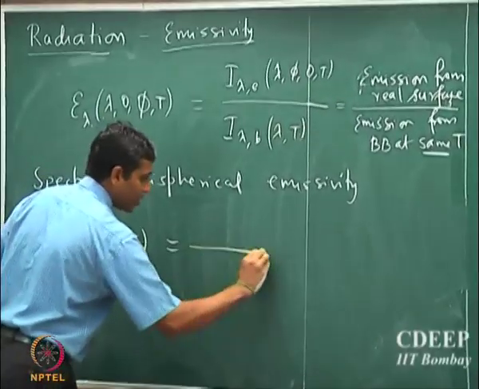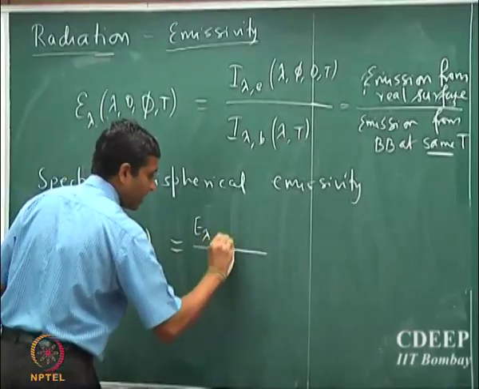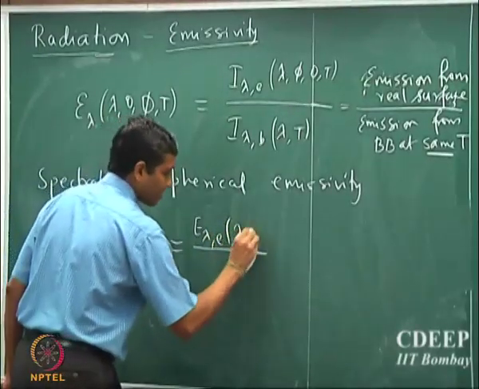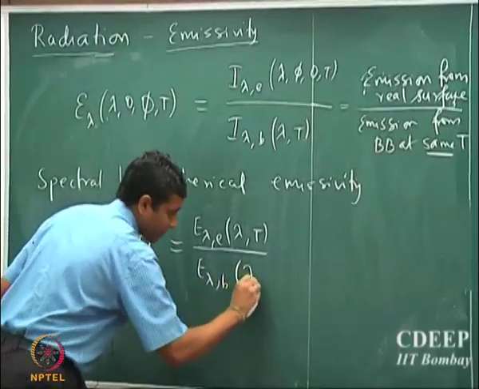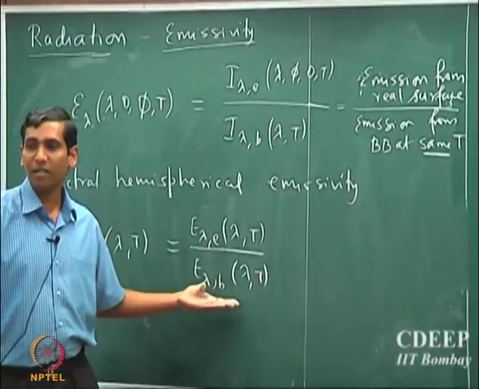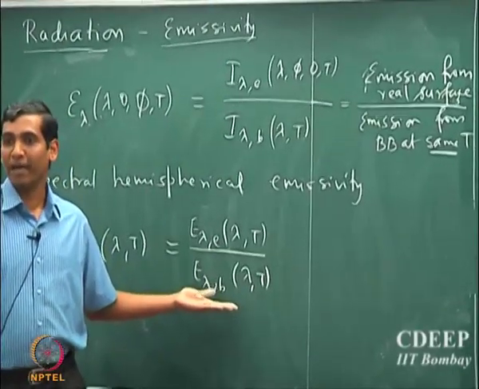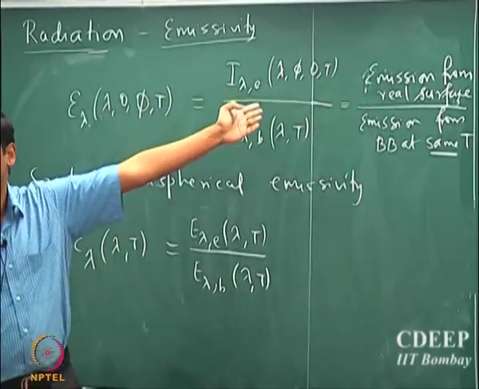So that's the ratio of the spectral hemispherical emissive flux of the real surface versus the spectral hemispherical emissive flux from the corresponding Blackbody, which is maintained at the same temperature. So it is not just the integral of the emissivity here.